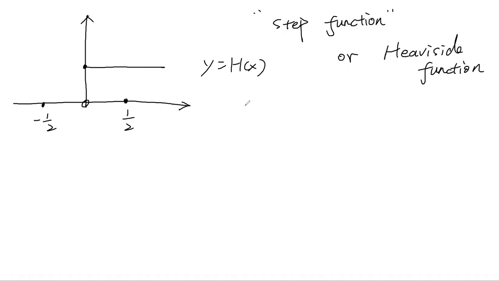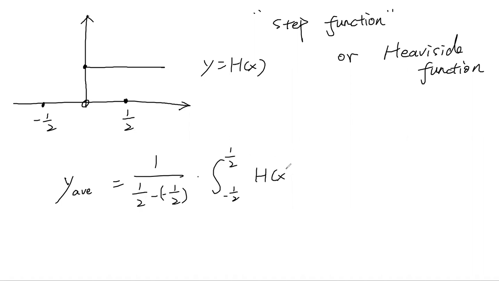and you calculate the average value of it, let's say y average is equal to 1 over 1/2 minus -1/2, so it's 1 over b minus a, times the integral of h of x dx from -1/2 to 1/2.